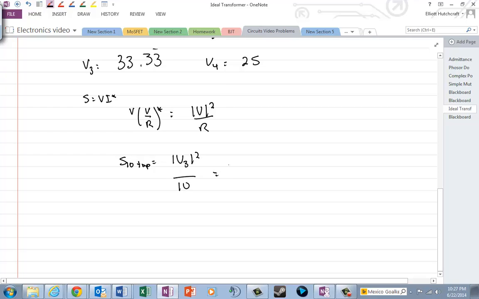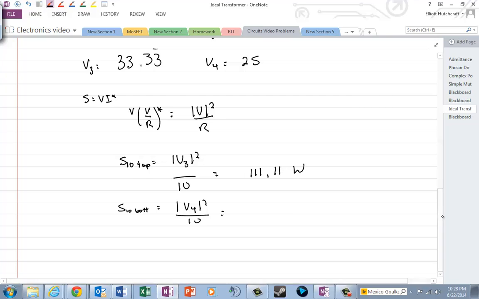So that is going to be 111.11 watts, and S10 bottom is going to be equal to magnitude of V4 squared over 10.